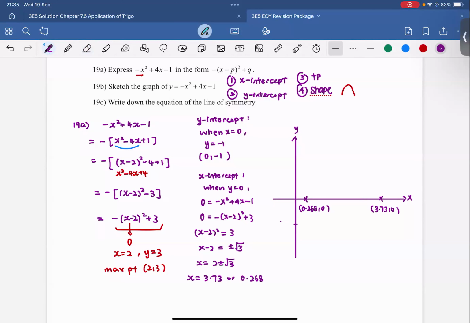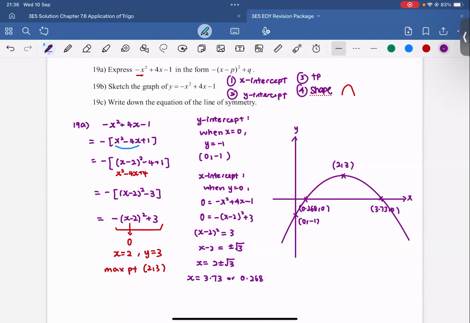So I just label here 0, -1. Then my graph will look something like that. Okay, relabel. This point here will be my 0, -1, and my maximum point will be 2, 3.